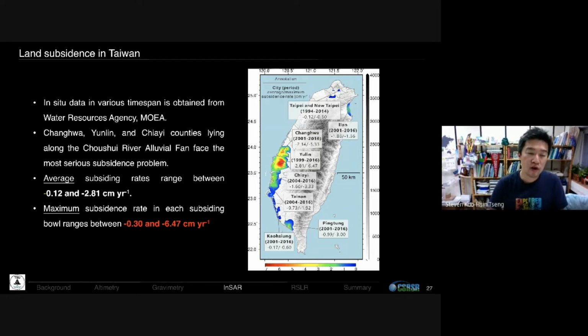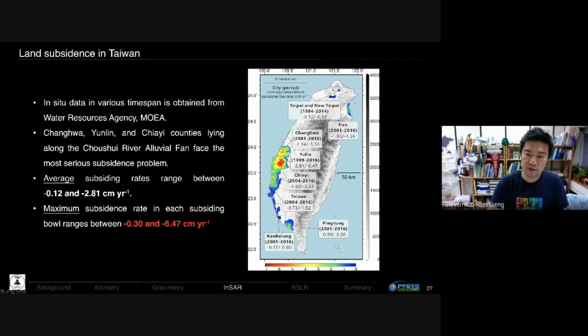We can unwrap the interferogram from the reference point, then we have an accumulated displacement. This displacement can tell us which part is moving away from the satellite or which part is moving closer, in relative terms. By using this data, we can understand some phenomena.